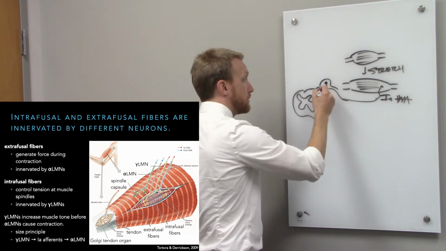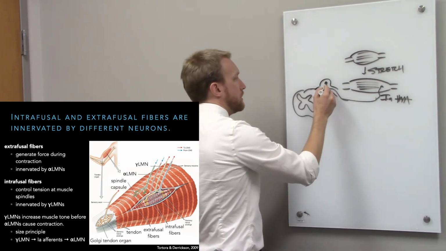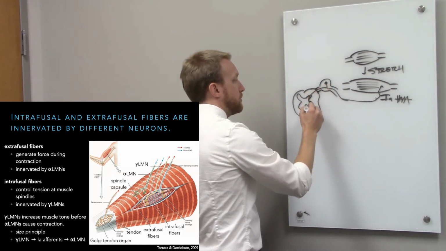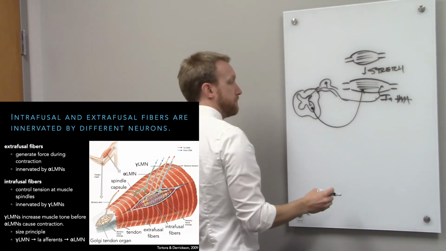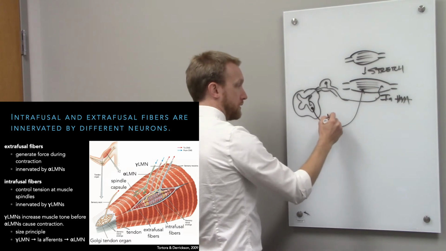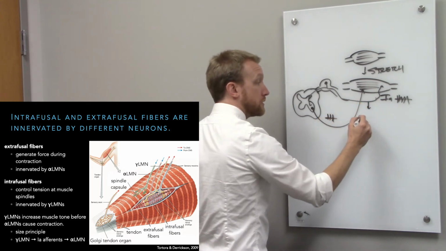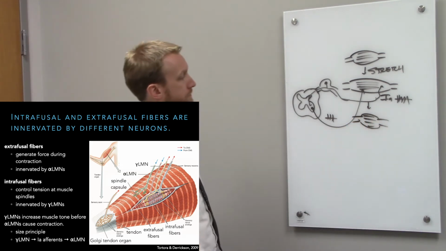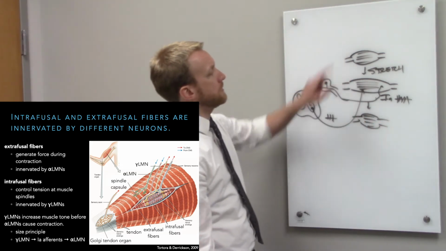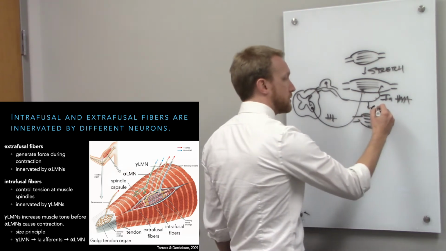These create a reflex with motor neurons. So when the motor neuron is active, that causes contraction of the muscle. So we go back to the original length. Imagine that that is the same as that. So stretch causes contraction.